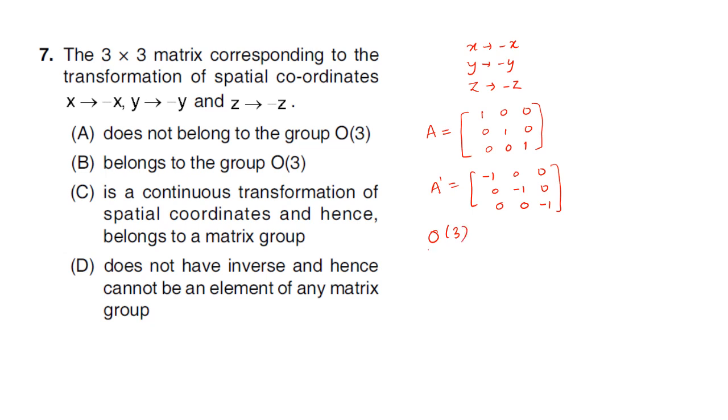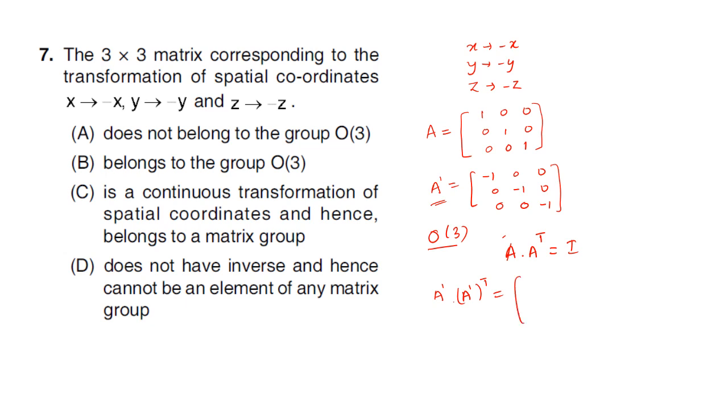the group of orthogonal matrices. That is, a matrix is said to be orthogonal if the product of that matrix into its transpose is the identity matrix. So here you can consider this matrix A prime into transpose of A prime.